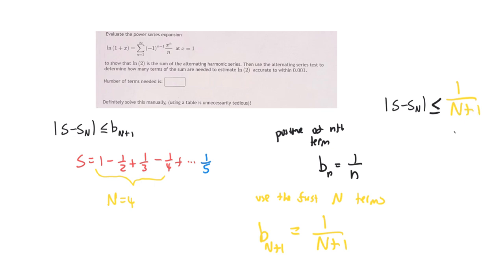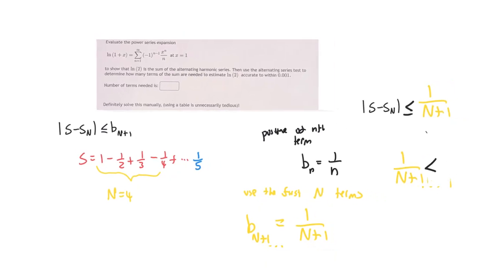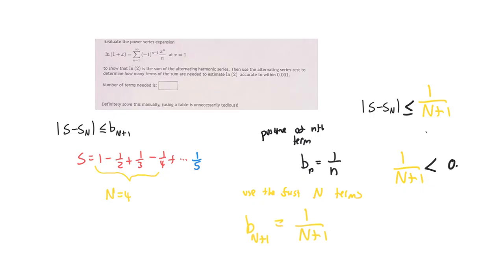We have to assume the largest possible error and guarantee that it is less than 0.001. That's going to be the ticket to the answer. So we're going to solve this inequality, and that should show us what the answer is.